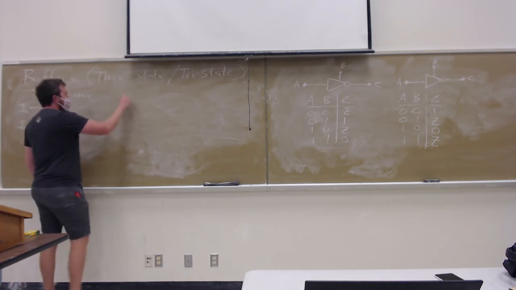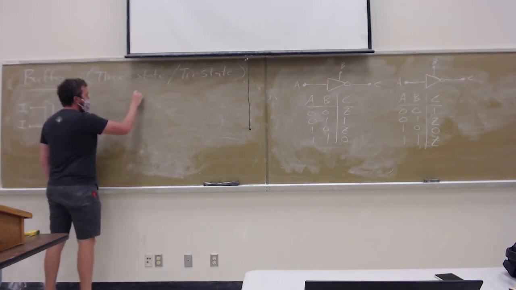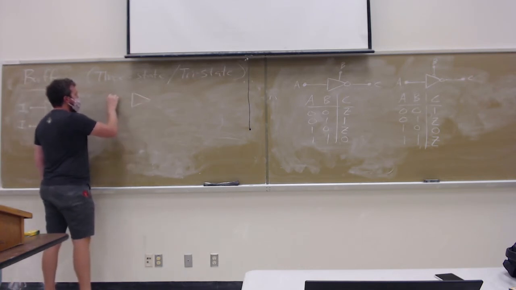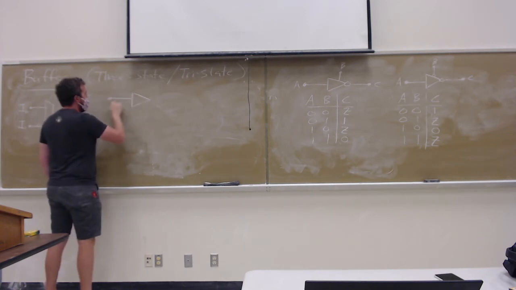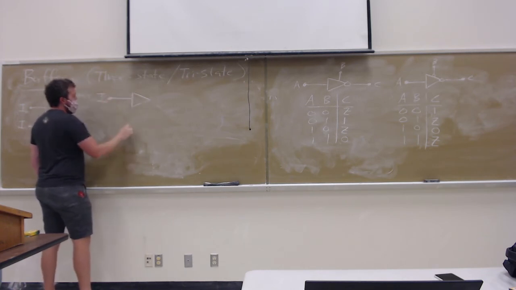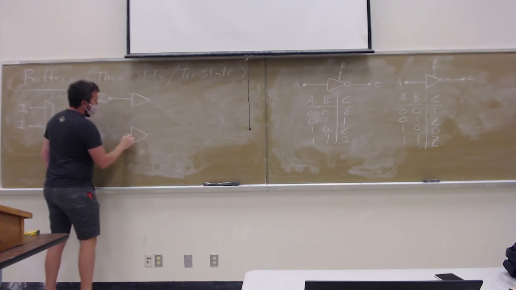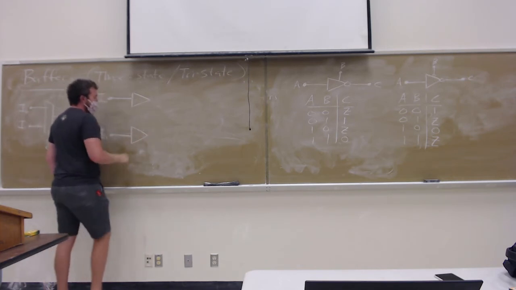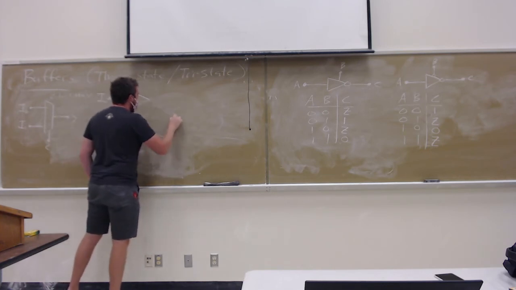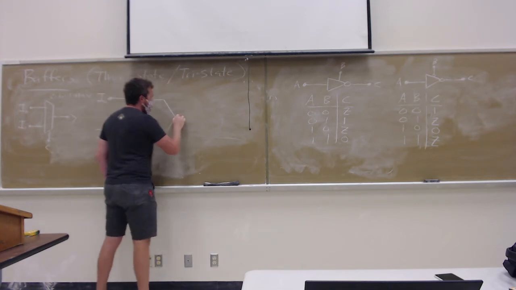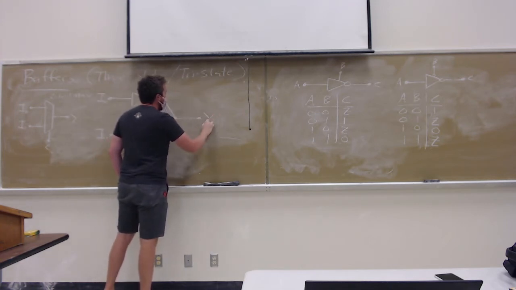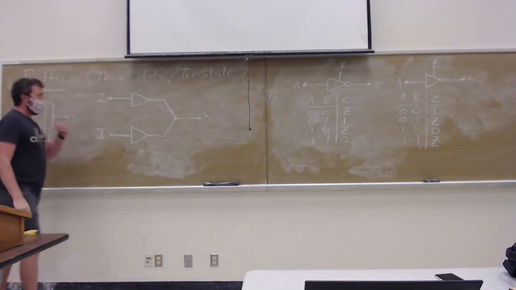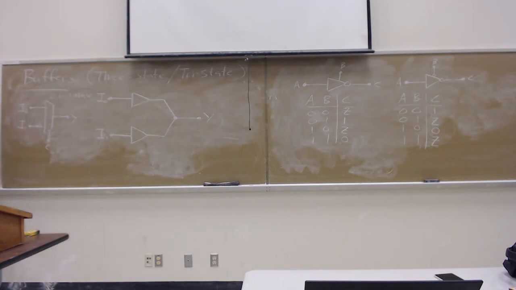Well, for starters, we're definitely going to need 2 of them, right? We're going to have a buffer that takes I sub 0, and a buffer that takes I sub 1. And now here, I'm going to tie the outputs directly together and get myself Y, even though we already said you couldn't do that.